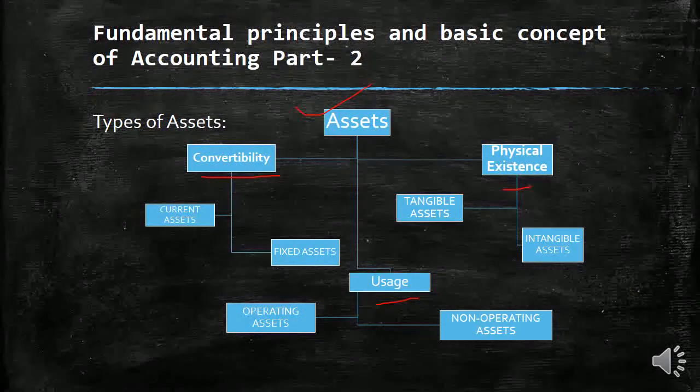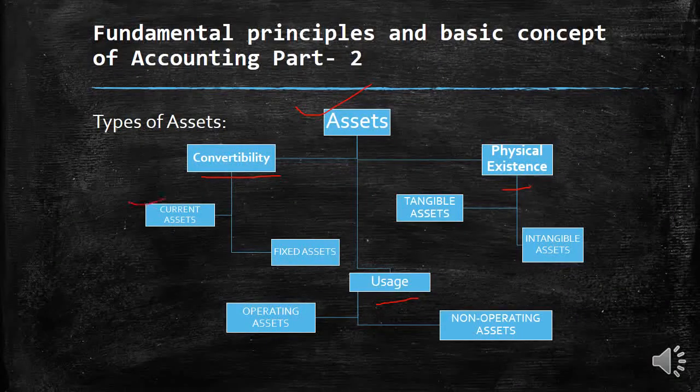Based on convertibility, assets can be divided into two types. They are current assets and fixed assets. So what are current assets? Current assets are those assets which can be readily converted into cash or money. And fixed assets are those which cannot be readily converted into money. They're possible to be converted into money but not readily.